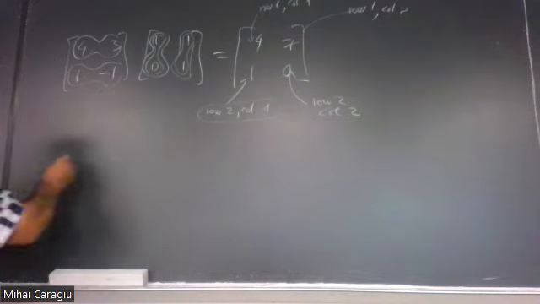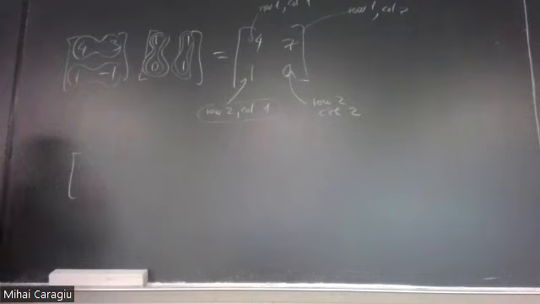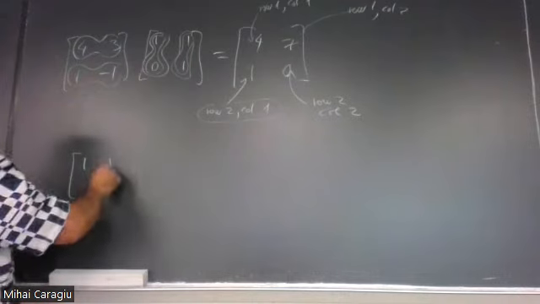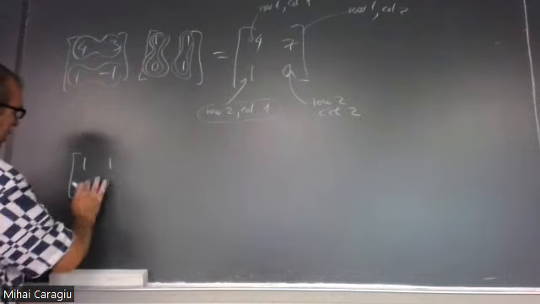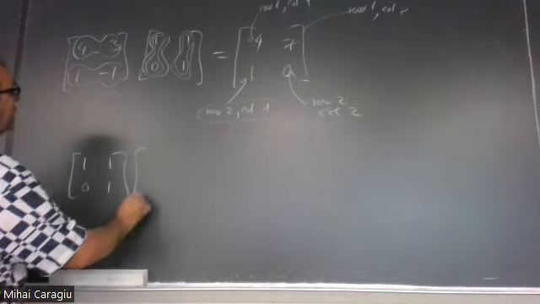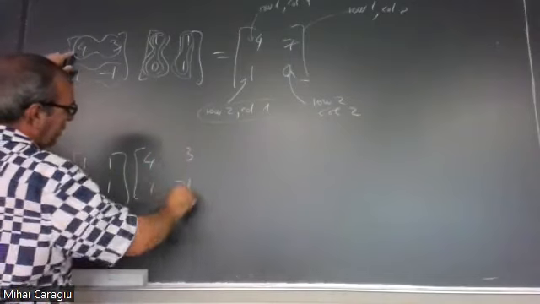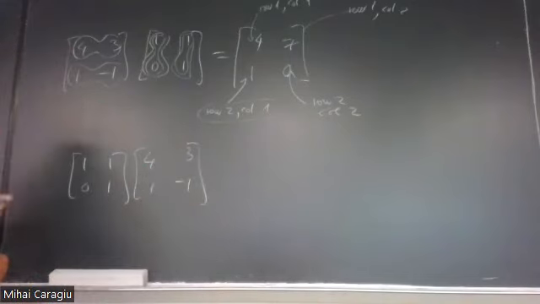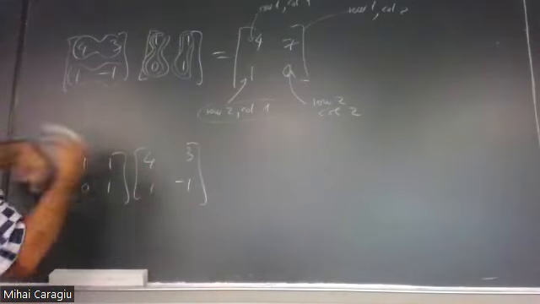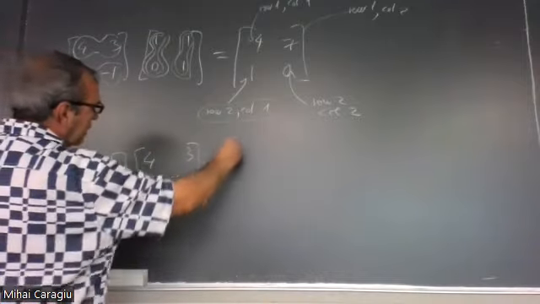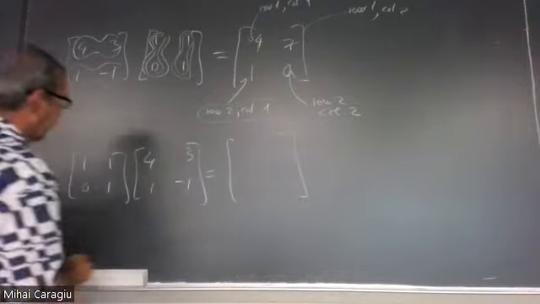So let's see, take the same matrices, 1, 1, 0, 1, multiplied by the same matrix on the right, 4, 3, 1, minus 1. So the same matrices, but multiplied in the opposite order. Okay, so let's see.